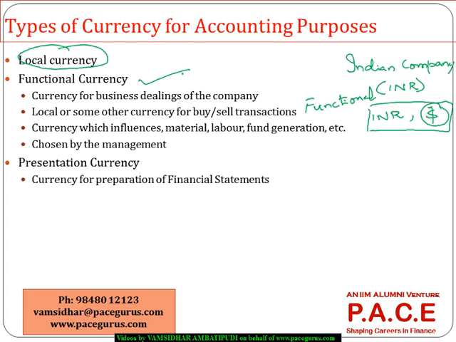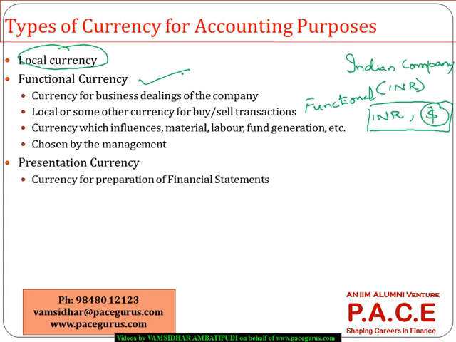Even if an Indian company says, I will sell you this good for $50 US, rather than saying the selling price is 3,000 rupees, the company may still be in India, but for regular transaction purposes it is using the US dollar as the currency.